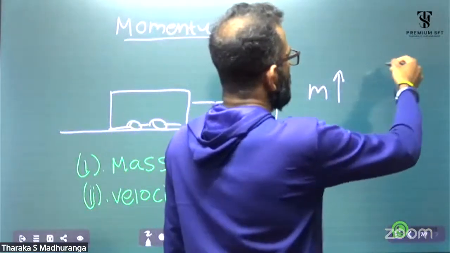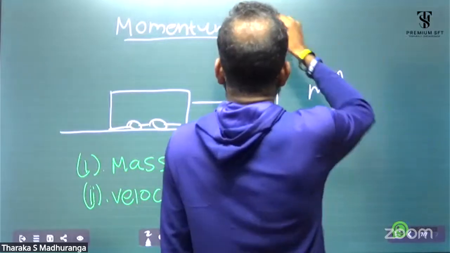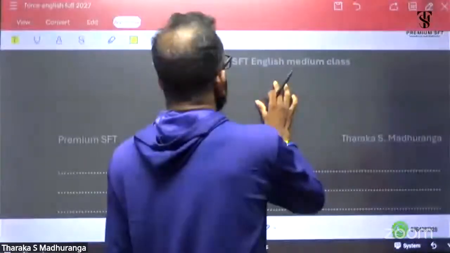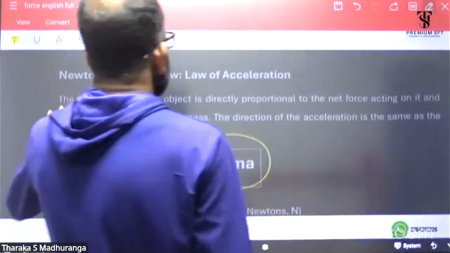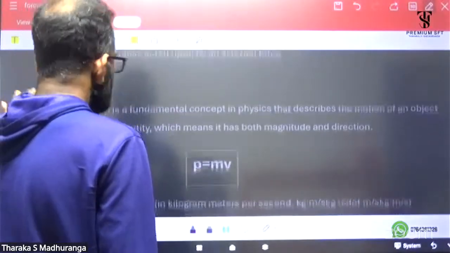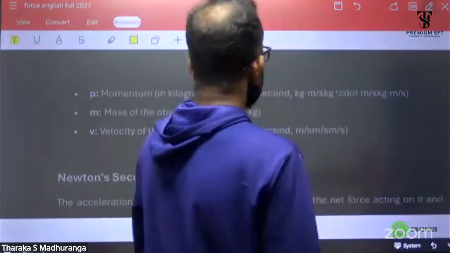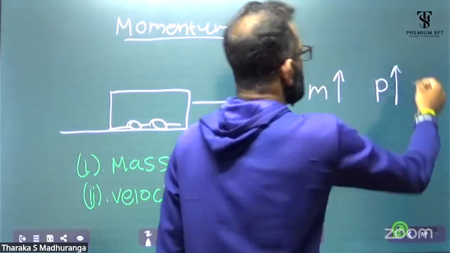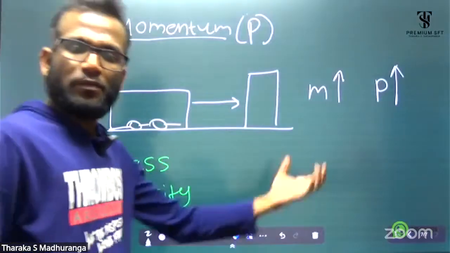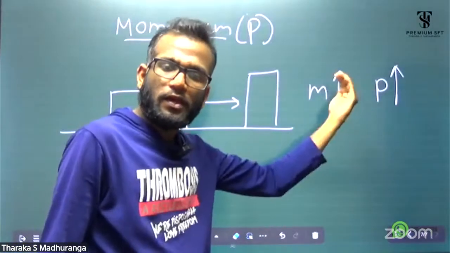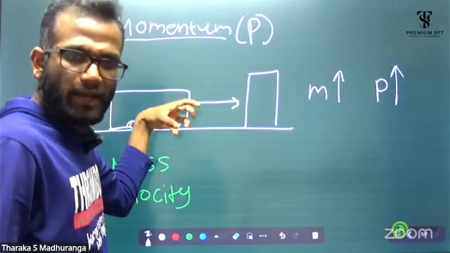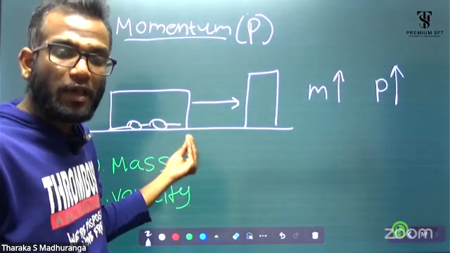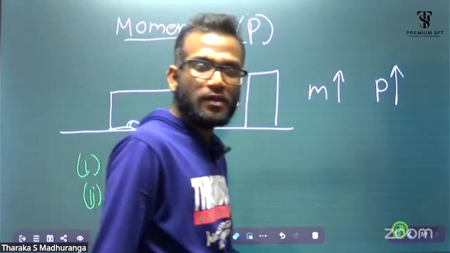Okay, with mass increase, the momentum P increases. Remember, in an accident, if it is a large vehicle with higher mass, the damage is large.